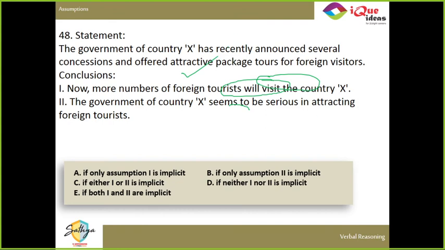What about the second one? Can I say the government of country X seems to be serious in attracting foreign tourists? Yes, because only if they are serious will they do something to actually attract them. If the government was not serious about it, then there is no reason for them to take such measures. So both of them have to be true. Correct?